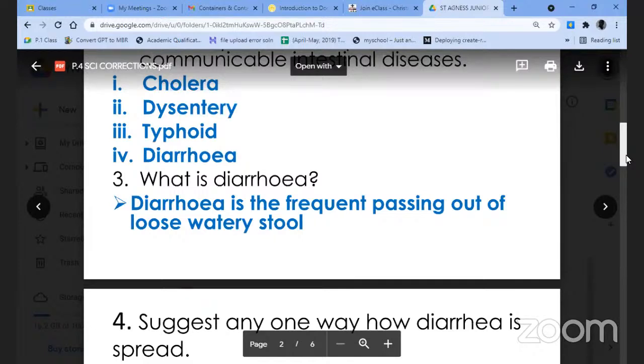Can you give us one way of controlling diarrhea? By covering food. Yes, by covering the cooked food. Because once you cover food, the flies that carry germs will not sit on the food. So covering food will control diarrhea.